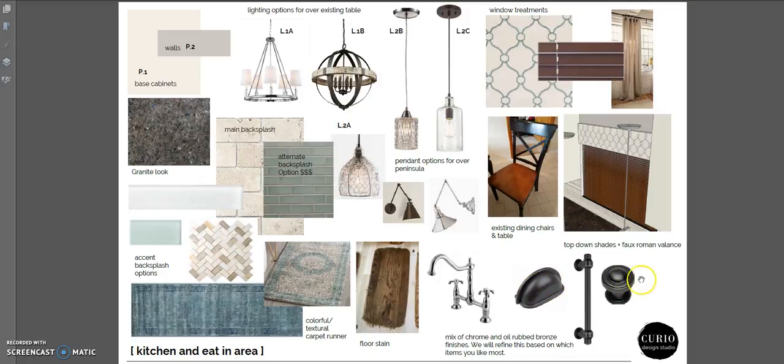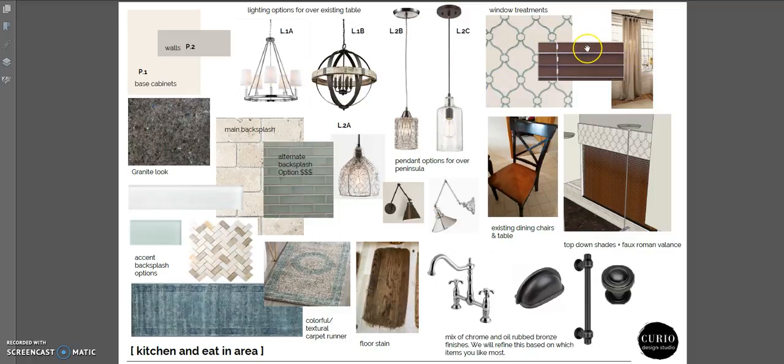So the hardware being oil rubbed bronze, maybe the lighting, and depending on what you have a preference for, if you like this option over this option, we'll do a mix. So there'll be a mix between stainless fixtures and oil rubbed bronze, or maybe stainless lighting and oil rubbed bronze hardware. So we'll create a balance on that depending on items that you are really drawn to.